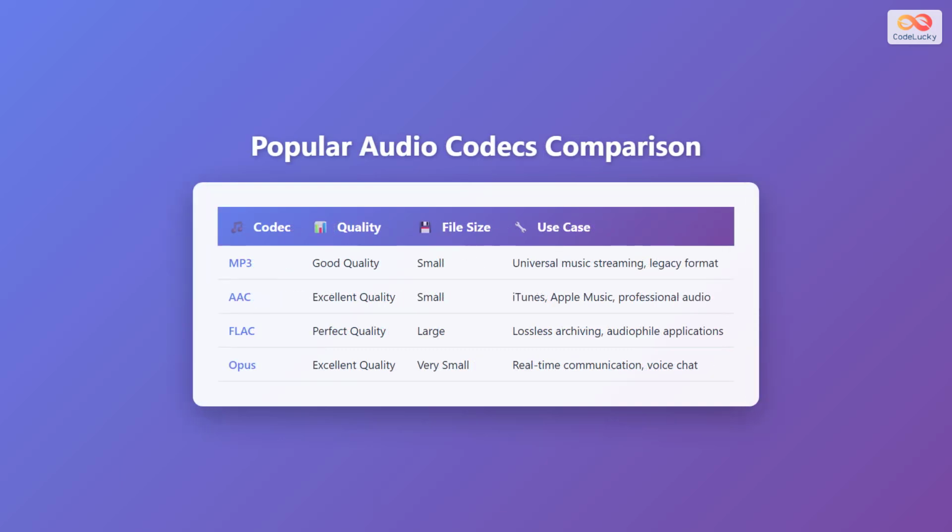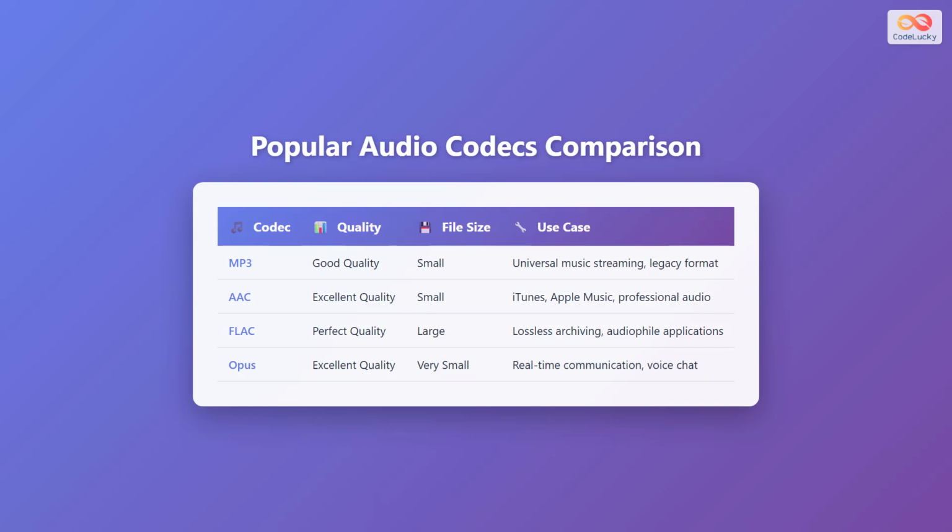MP3 is the most famous audio codec and was the standard for music for many years. It provides good sound quality in small files and works on all devices. AAC, which stands for Advanced Audio Codec, is more advanced than MP3. It gives better quality at the same file size and is used by Apple Music and iTunes. FLAC stands for Free Lossless Audio Codec.